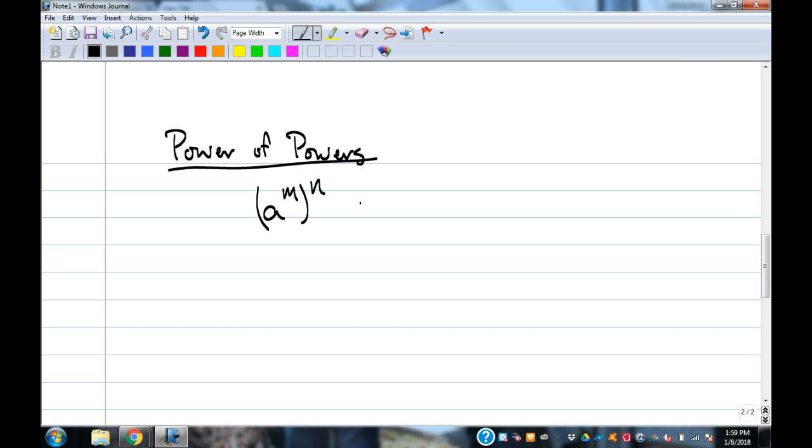You got a base and an exponent on the inside of the parentheses, and then you have an exponent outside of the parentheses as well. So when you're dealing with the power of powers, you've got this raised to another power. The rule is you multiply the exponents. That's all you got to do. It's just multiplying exponents. So that would be a to the m times n.